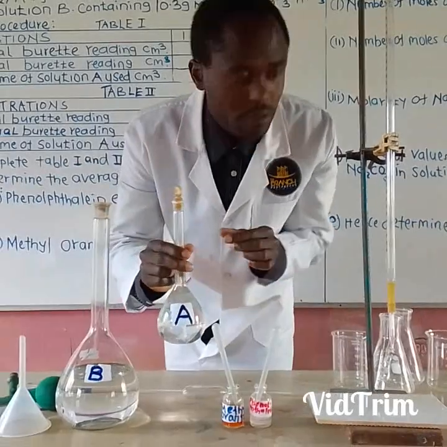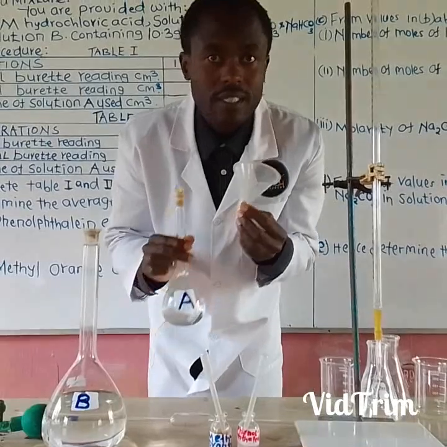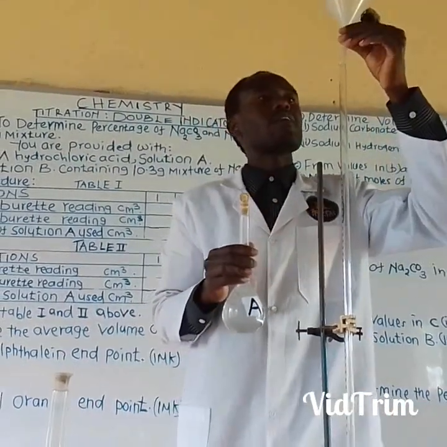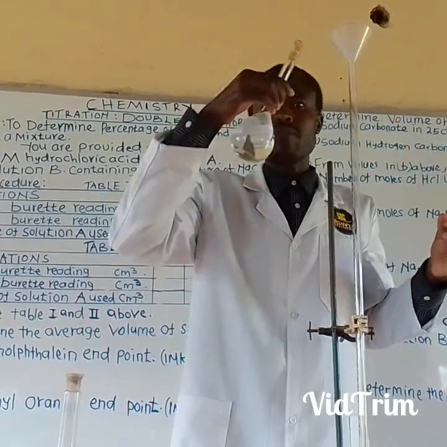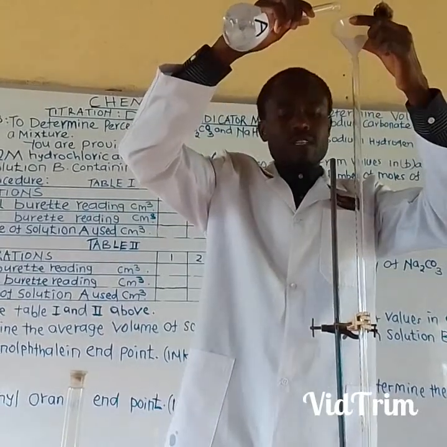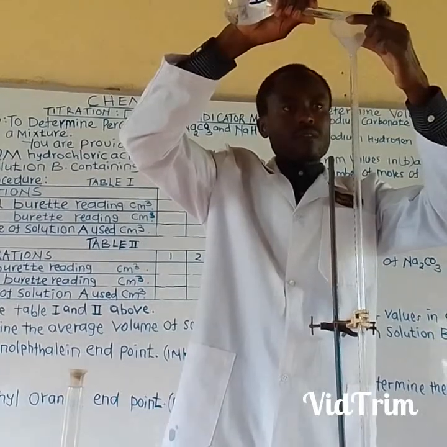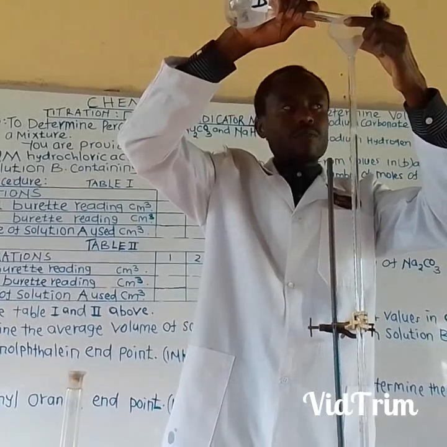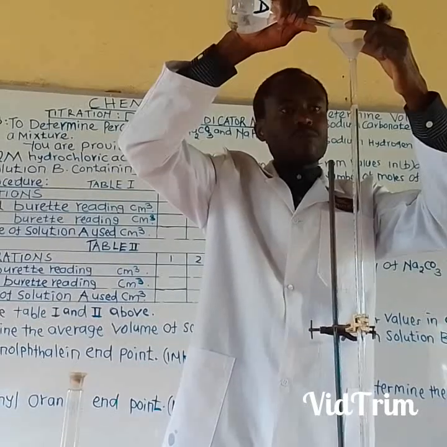So I want to fill the burette. I'll take the funnel, then focus on the top of the burette. I place the funnel there to help us fill solution A into the burette. Is it okay? Thank you. So let us fill the burette to the 0 mark with solution A, 0.2 molar hydrochloric acid. So my student, you focus.